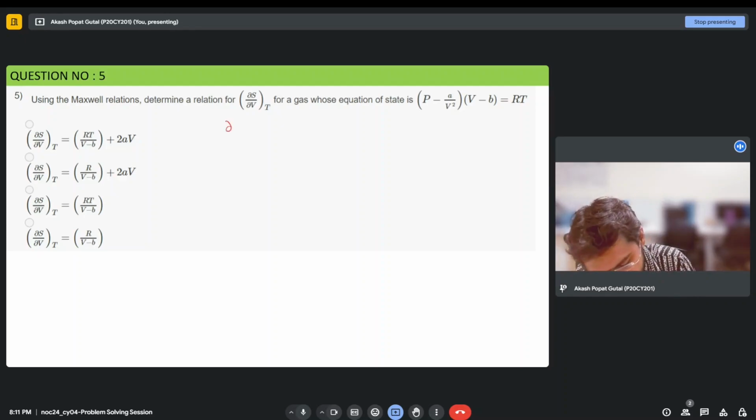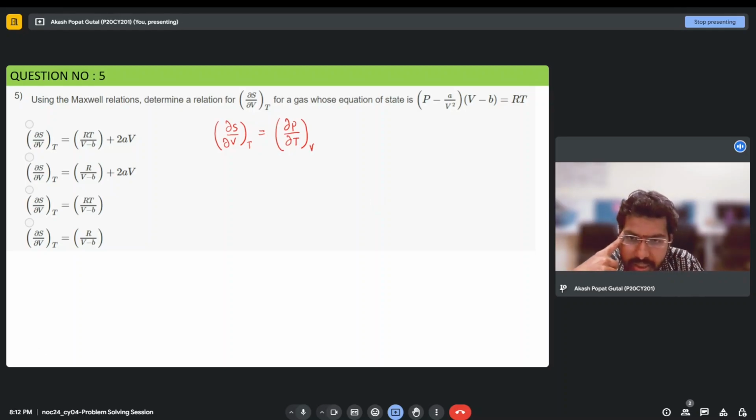So here also we have del S by del V at constant temperature T, and the Maxwell relation gives del P by del T at constant volume. So immediately we have this functional form, del P by del T, in our equation, and we can directly derive it.